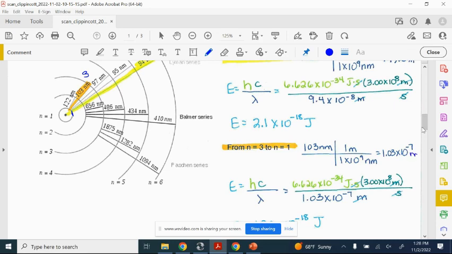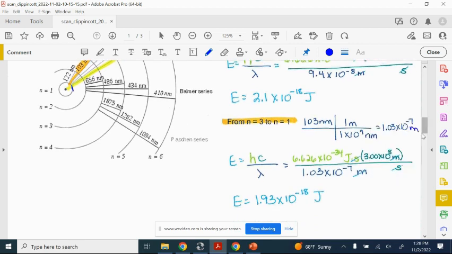Convert that into meters, and then I plug that into the same equation. You can see that this energy amount is greater than this energy amount. So the longer the transition the electron goes, the more energy it's going to release. And that was number 5.